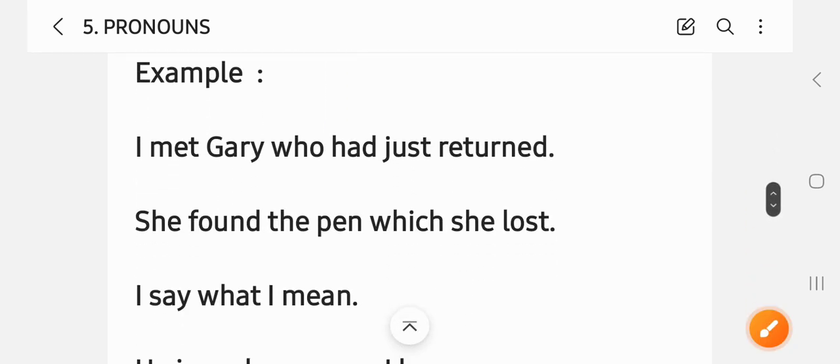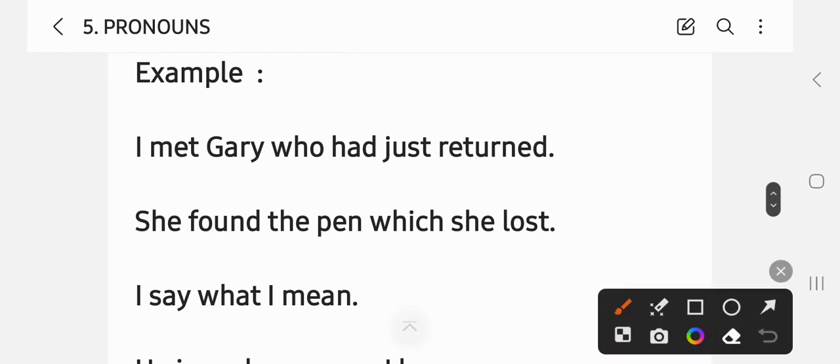Let's take a look at the examples. I met Gary, who had just returned. Now here, who is a relative pronoun, which is used for the noun Gary. It is used to refer to the noun Gary. Gary is the name of a person, so it's a proper noun.